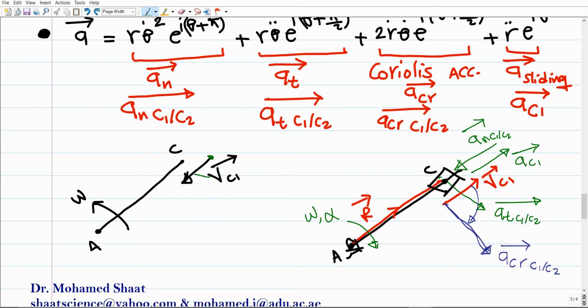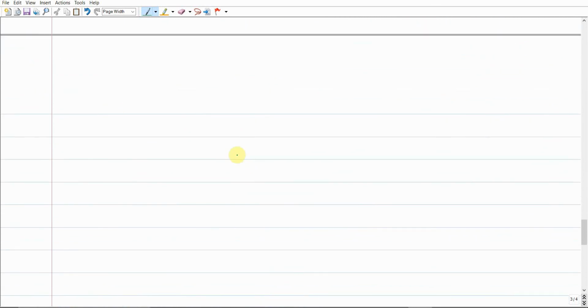If it rotates in this direction, it takes a new direction, which is this one. This new direction automatically gives us the direction of the Coriolis acceleration. Make sense?